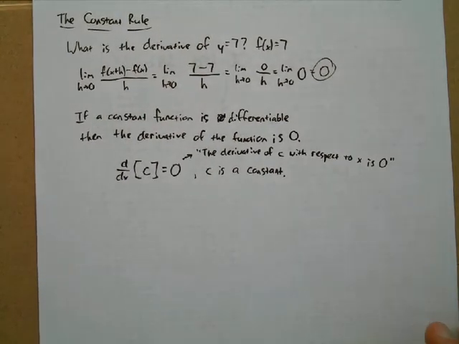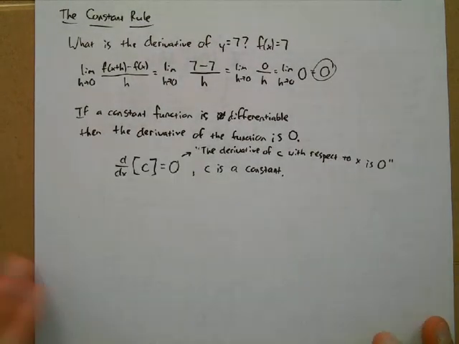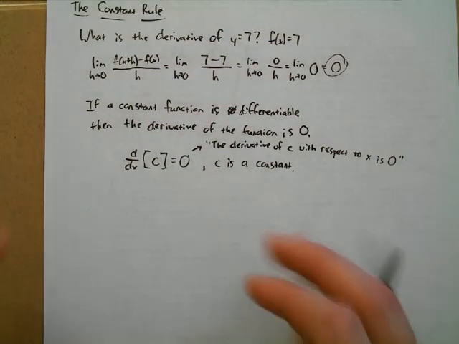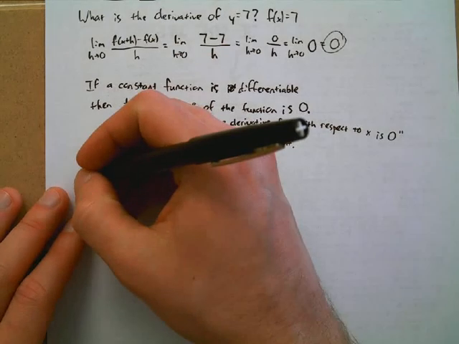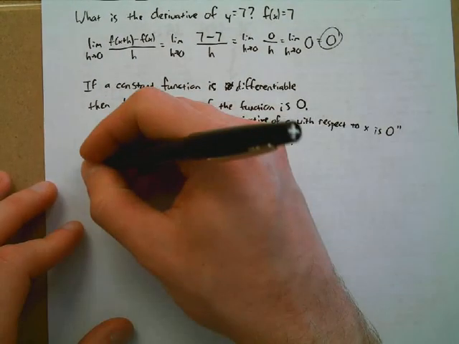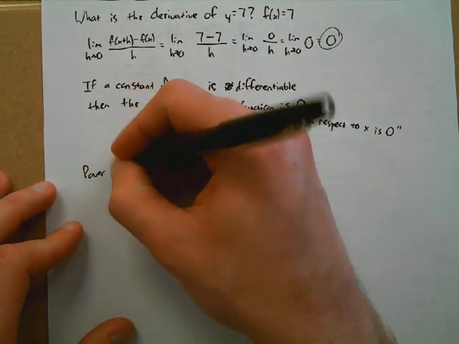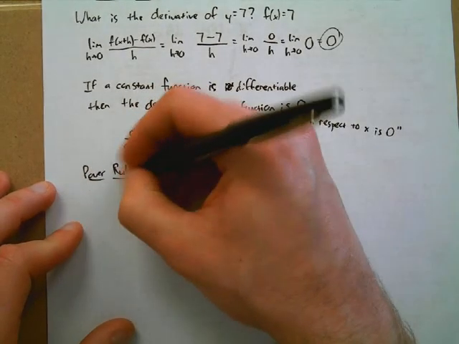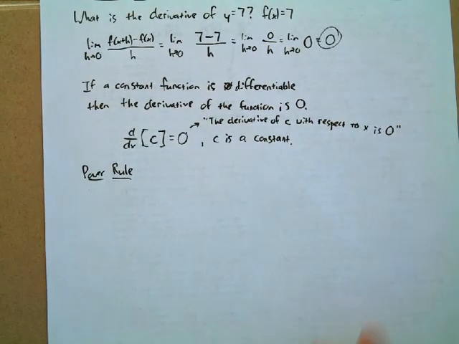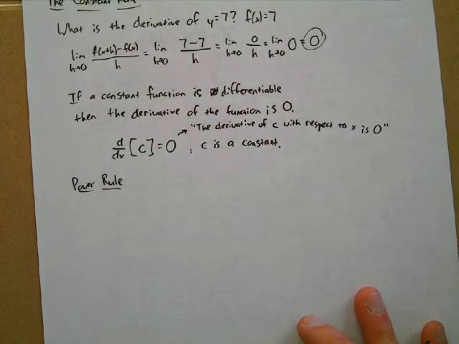Pretty simple. Now let's take a look at the power rule. And this one, you can't predict the answer to as easily as you did the last one, but you will be able to figure it out with enough examples here. So I'm going to help you with that.